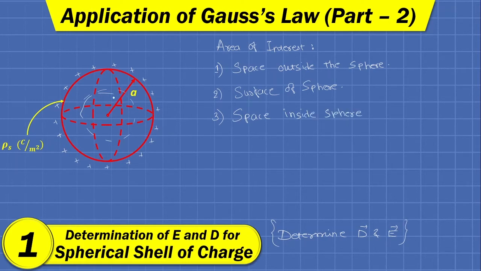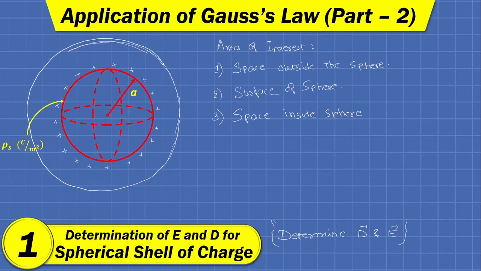From the discussion we have done up till now and also in the previous video, we know that first we need to select a proper shape of Gaussian surface. Here the symmetry of the charge implies that we should select a spherical surface as our Gaussian surface, because the Gaussian surface should be such that the direction of the flux density is normal or tangential at any point of the surface.